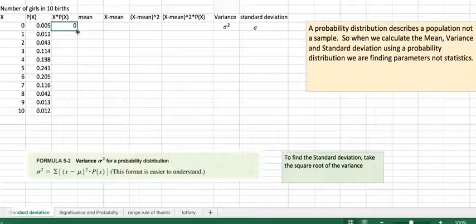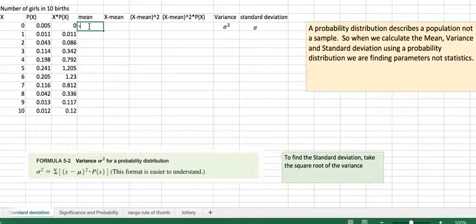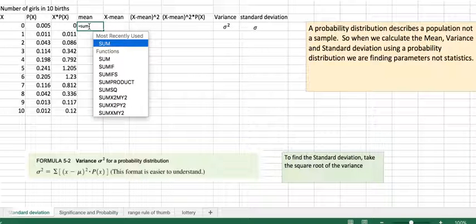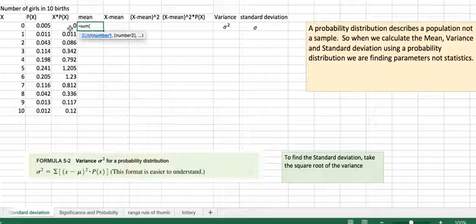So there's multiplication, and if we pull this down from the lower right corner, that should duplicate the multiplication for each of those rows. All right, now to find the mean, I'm going to put the mean up here, which is going to be the sum of the numbers in column D.